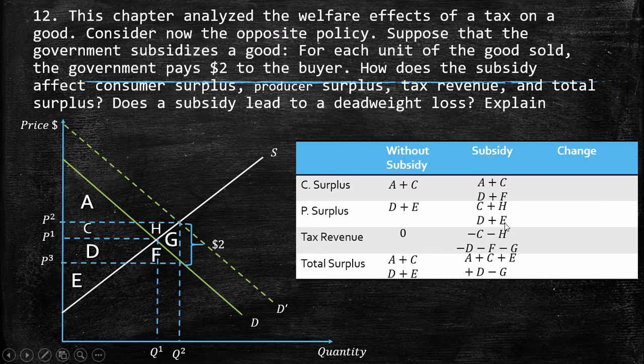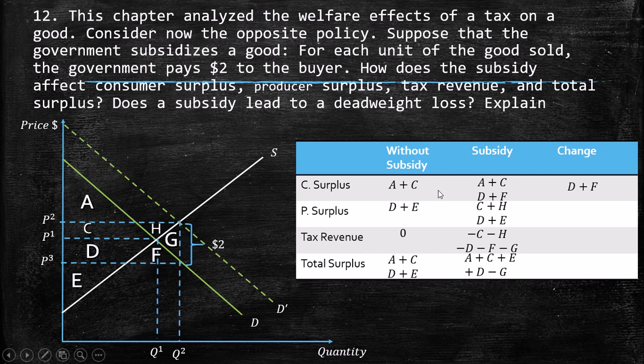E is still here. D cancels with D, and still there is one D. And G: you don't have G in the consumer or producer surplus, so we have G just in the government spending, which is minus G. So here is the total surplus, which is negative.